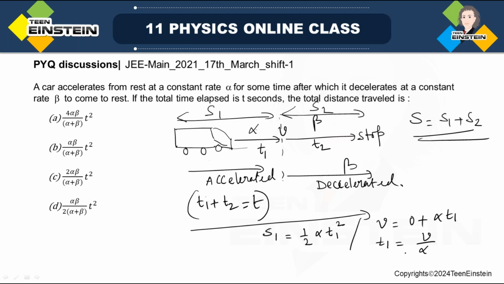I can easily write that, isn't it? So if I put this t1 over here, what I'll get? I'll get half into alpha v square by alpha square. That means we get v square by 2 alpha. So s1 I have already got.